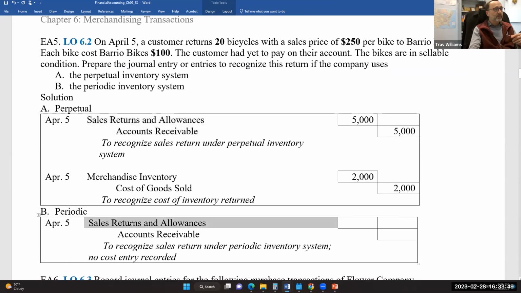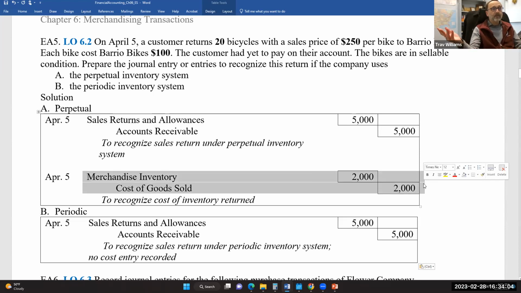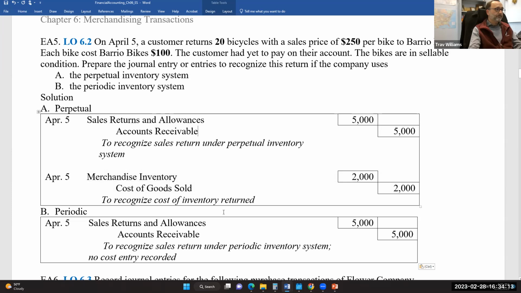So you notice sales returns and allowances get a debit, accounts receivable gets a credit, just like we had here. The amount's going to be the same. So the only difference is with periodic, we don't have to worry about the inventory. We're going to figure that out later. So we don't record it now. Okay.